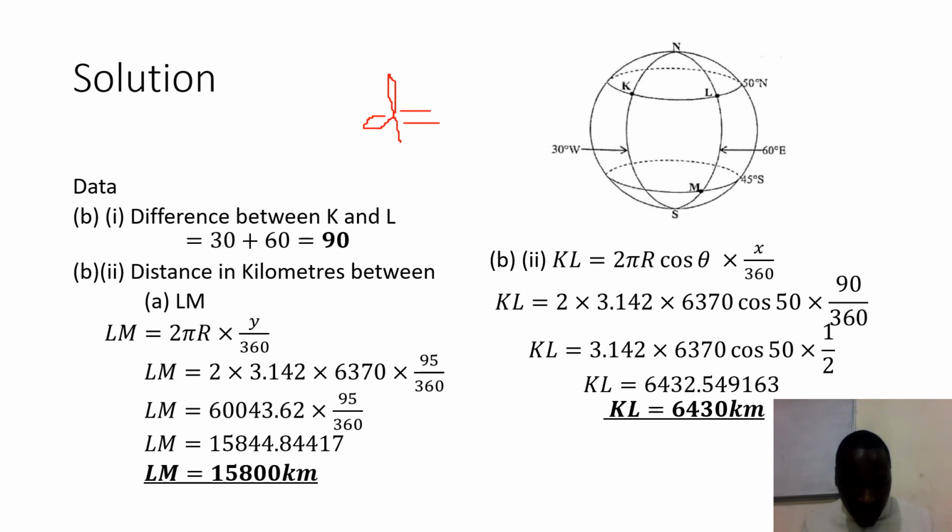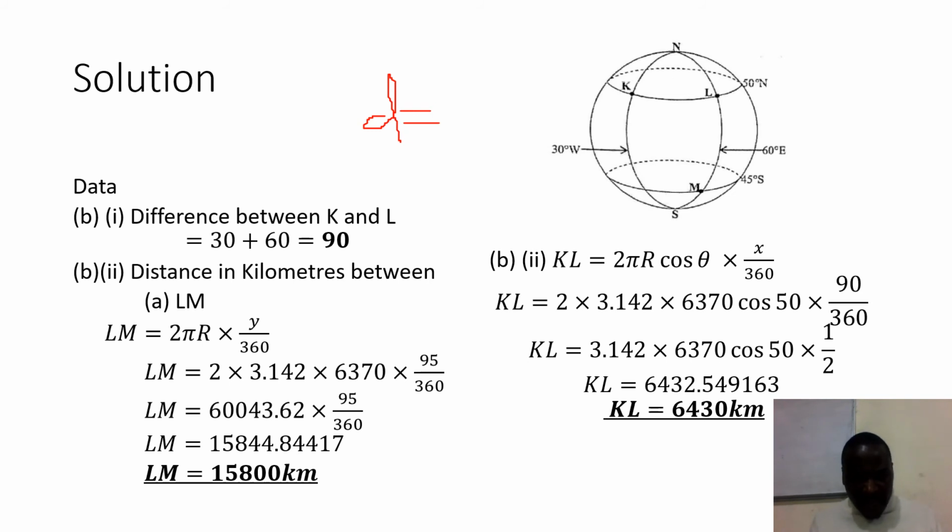And making substitutions, LM is 2 multiplied by 3.142 times 6370 kilometers, which is the radius of the Earth, multiplied by 95 over 360. When we multiply 2 times 3.142 times 6370, we'll get 60,043.62, which we multiply with 95 over 360.